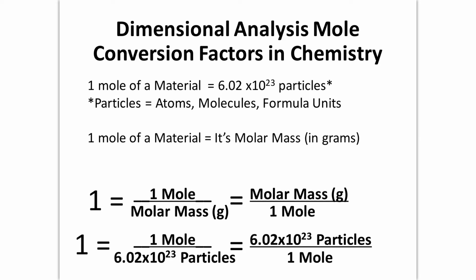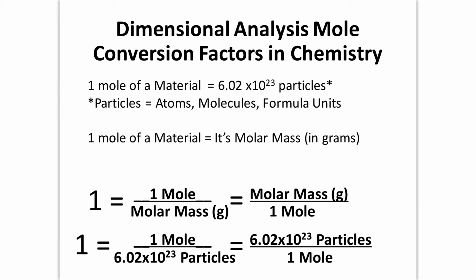So when we look at conversion factors, when we do our calculations, the conversion factors that you will see are listed here. Remember, the 1 here is the ratio of this to this in size or magnitude. 1 mole is equal in size or magnitude to the molar mass of a material in grams. 1 molar mass in grams is equal to 1 mole.